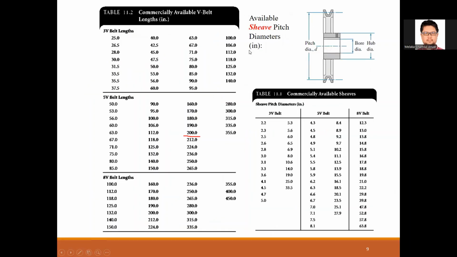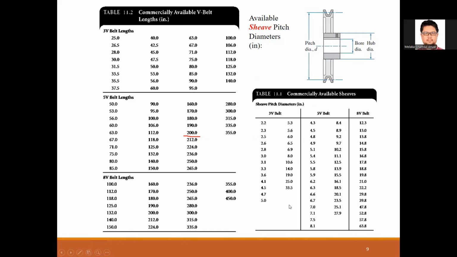All right. And then once you have determined what type or model of belt that you want to use, in our previous case is a 3V, meaning the sheath and also the belt that you have to select is going to be from that category. So belt, you just look into the 3V belt.